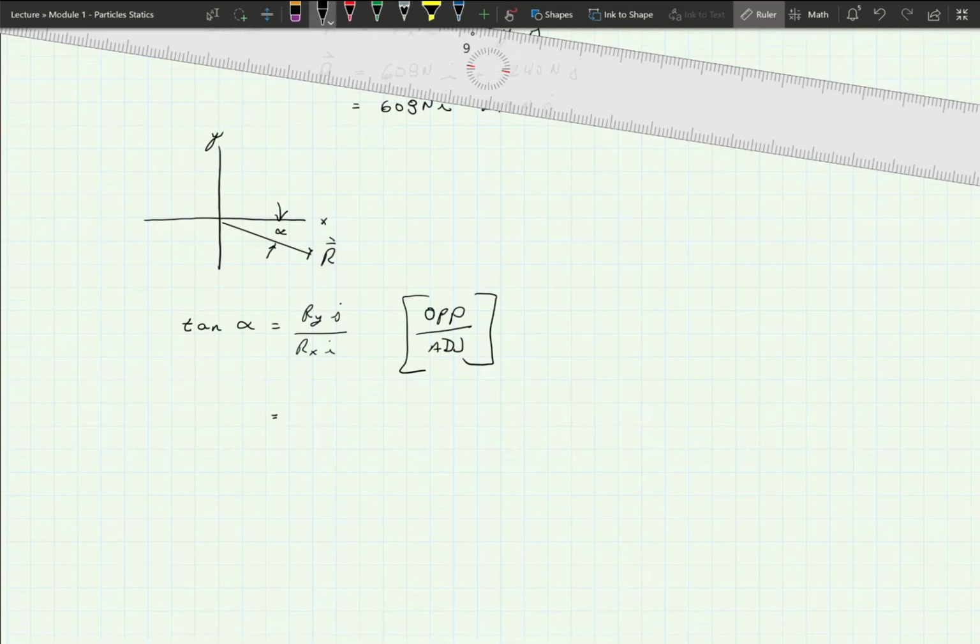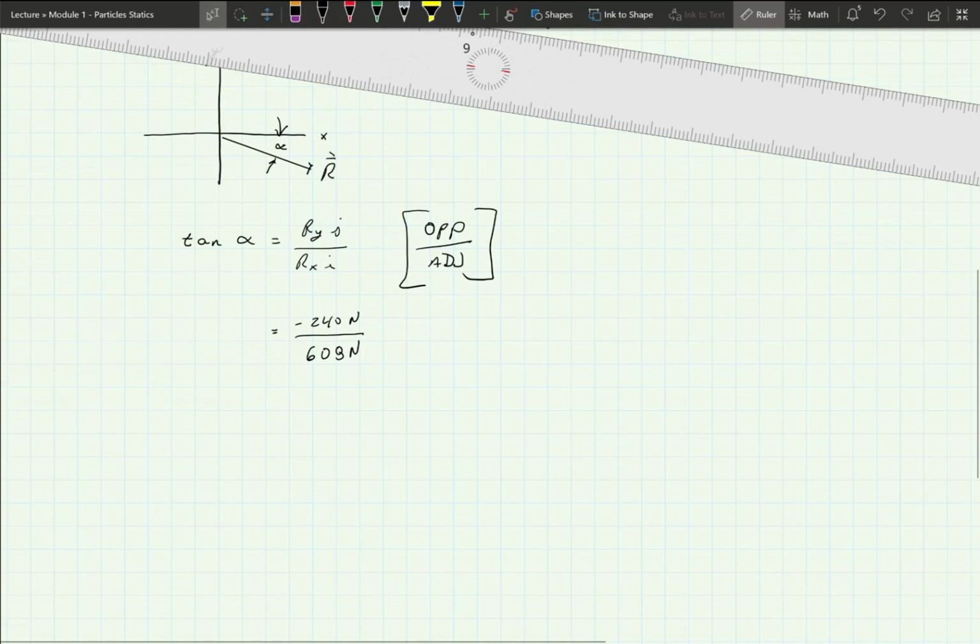All right, so we plug some numbers in here. We got negative 240 newtons divided by 608 newtons. And at this point, you can drop the j and the i, and we're really good at this. And if we solve for the tangent of alpha and get this in its decimal form, we're going to find out it's negative 0.3947.